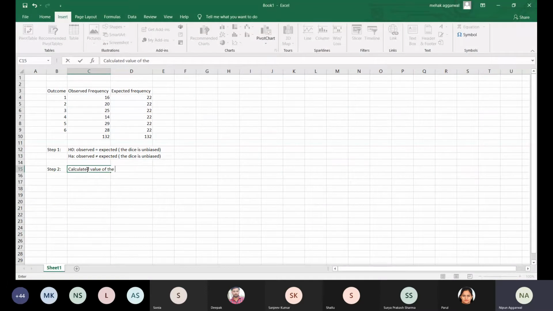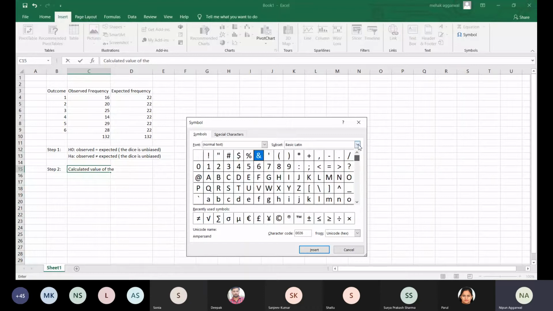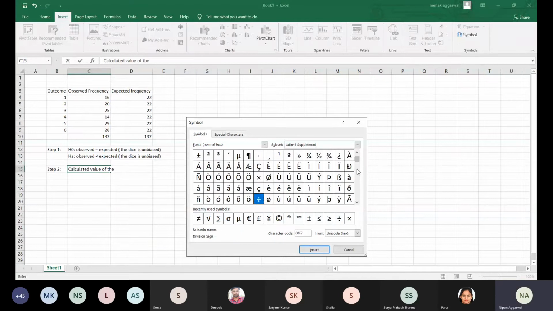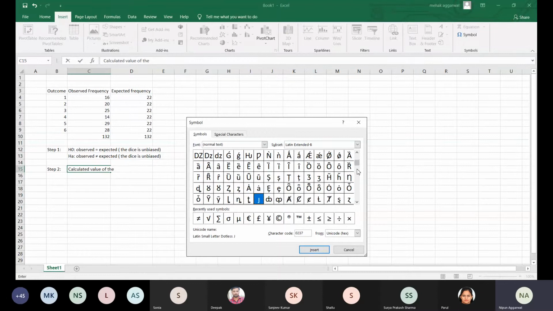The chi-square symbol is like an X with the first curve elongated. I cannot draw the symbol here, and I don't know if it is available in our list of symbols in Excel.